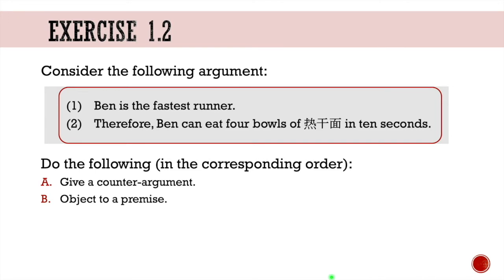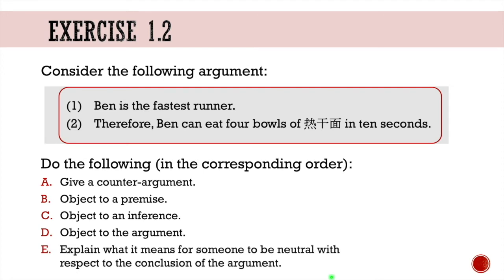B. Object to a premise. C. Object to an inference. D. Object to the argument. And E. Explain what it means for someone to be neutral with respect to the conclusion of the argument. So answer these questions now, and you can pause the video to give yourself some time.